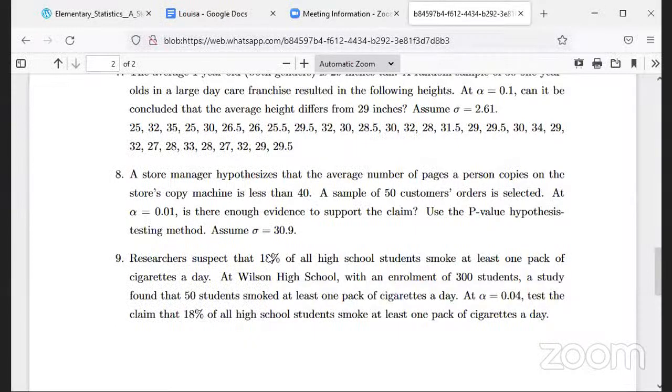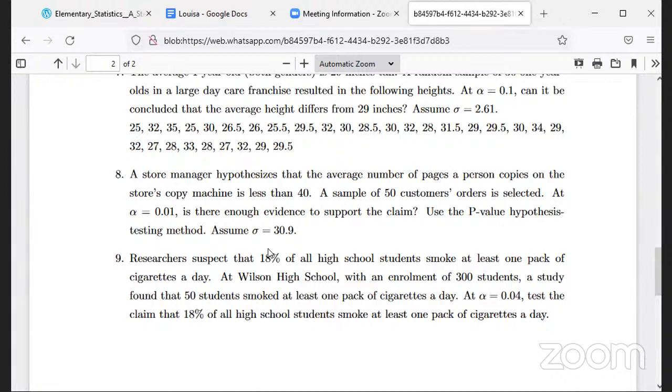Okay, researchers suspect that 18% of all high school students smoke at least 1 pack of cigarettes a day. Wow, at least 1 pack. At Wilson High School, with an enrollment of 300 students, a study found that 50 students smoked at least 1 pack of cigarettes a day.